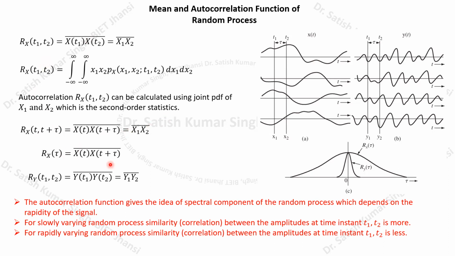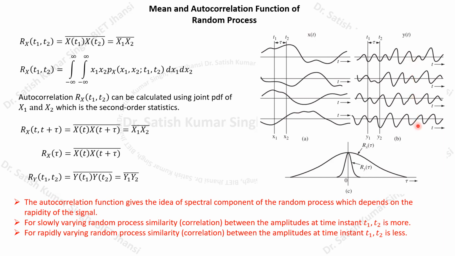Here you can observe we have plotted this autocorrelation function for various values of tau for two different random processes. One random process is x(t) and another is denoted by y(t). In this case we have 4 sample functions, and similarly here again 4 sample functions.